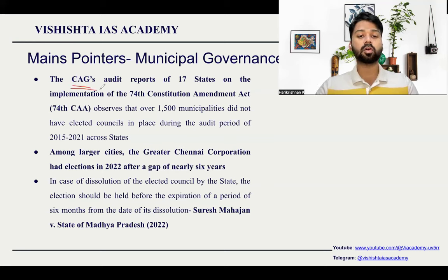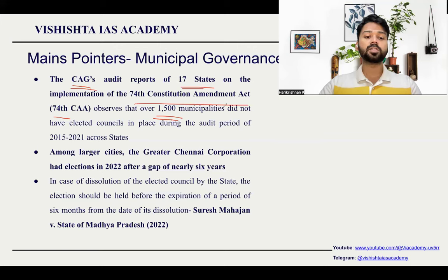The CAG's audit report, the Controller and Auditor General of India's report of 17 states about the implementation of 74th Constitutional Amendment says that over 1,500 municipalities are there which did not have elected councils. They did not even have elected council. 1,500 municipalities are there.